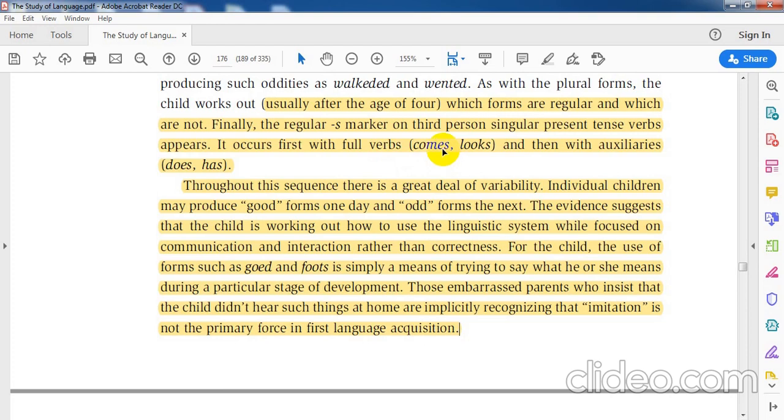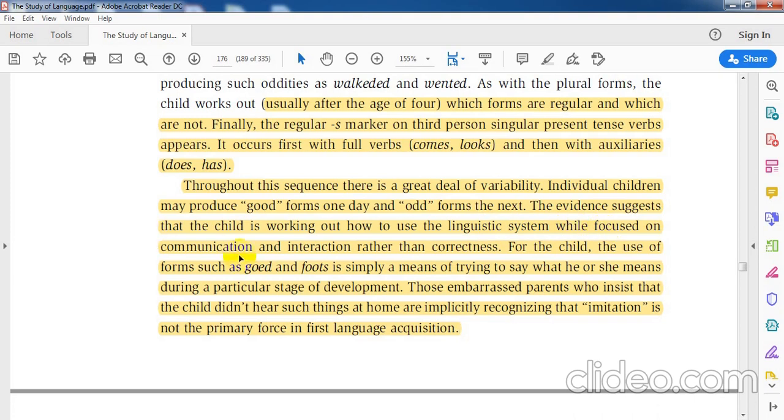Maybe comed instead of came, sorry. Look did instead of looked. Even in the pronunciation, they may produce different versions. Now, this evidence suggests what? Please pay attention to these words and to these lines: that the child is working out how to use the linguistic system, okay, while focusing on communication.